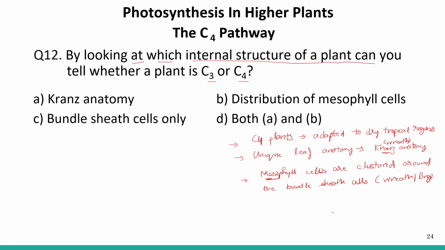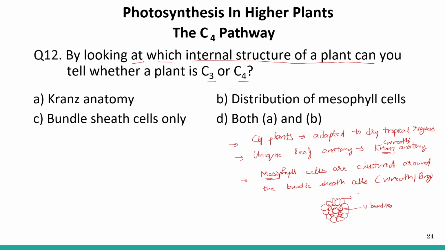Okay. So, on the inside we have the vascular bundles. Okay, so these are surrounded by the bundle sheath cells, which contain large chloroplasts, and which are agranal. Now, these bundle sheath cells are surrounded by the mesophyll cells, or you can say mesophyll cells are clustered around the bundle sheath cells.